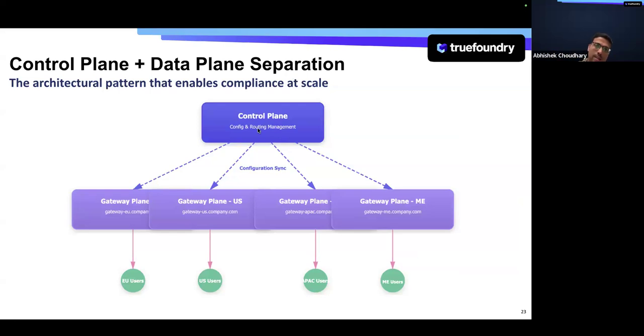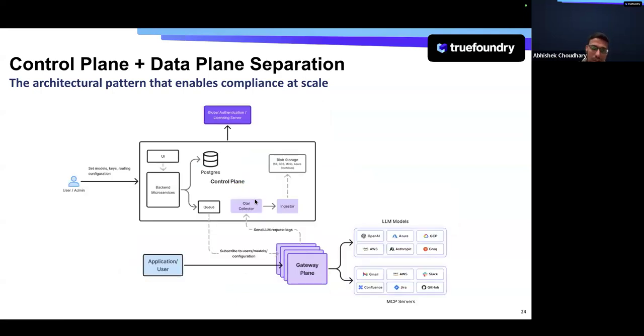So we usually recommend that there is one control plane through which you can observe all the gateways that are running in the company, if you're running multi-region gateways. Then you just manage things from a single place, like all role-based access control of who can access what models, where the data is going, all of that from one control plane. And then you can have as many gateway planes as you like: gateway EU, gateway US, gateway APAC, gateway Australia, and things like that. All of that you can manage from one place.